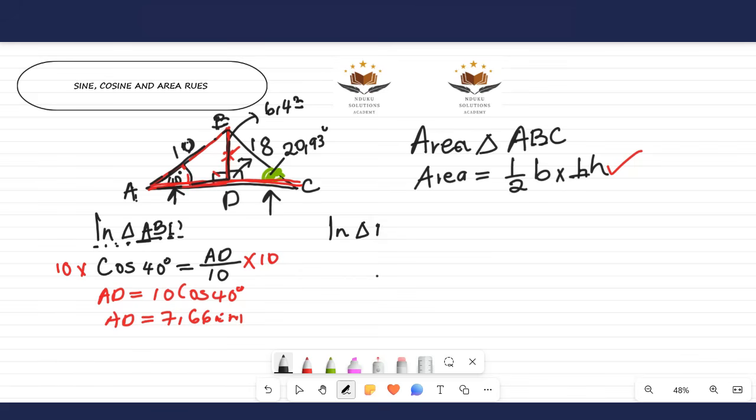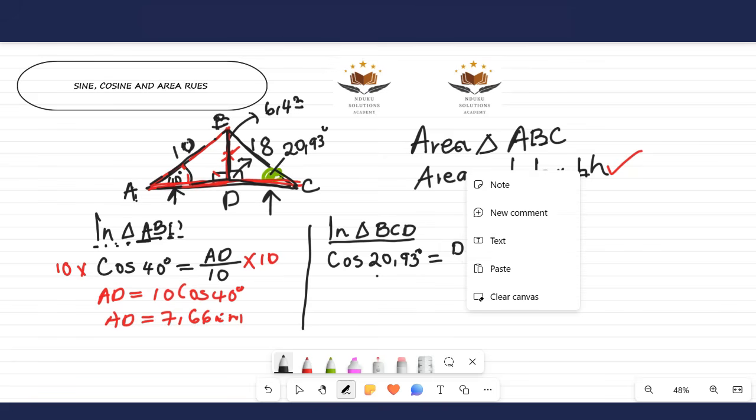Triangle BCD, which is this one. Remember, we found this angle as 20,93, so we'll use cos again. We'll have cos of 20,93 being equal to our adjacent side, which is DC, all over our hypotenuse.